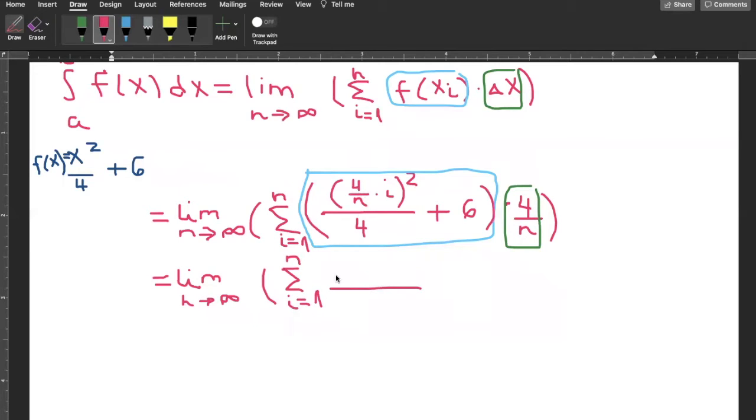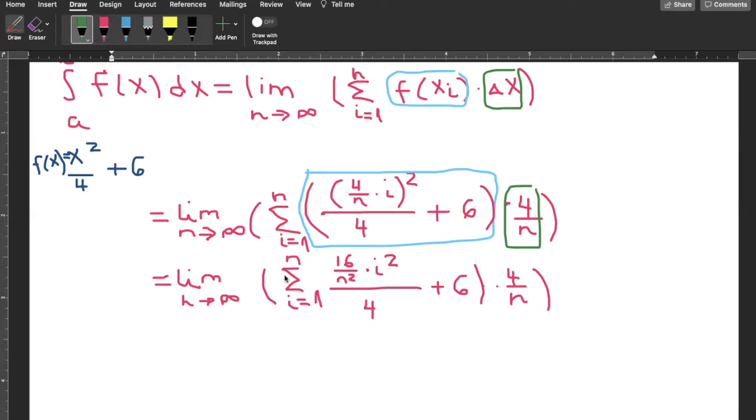If we square this, we'll get 16 over n squared times i squared. Then I'll just copy the 4 on the bottom and do the plus 6, and then times 4 over n.